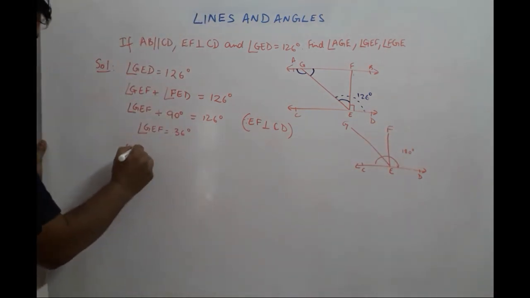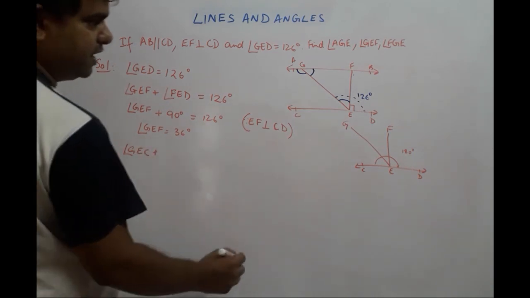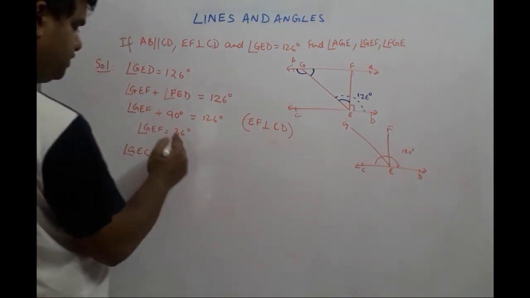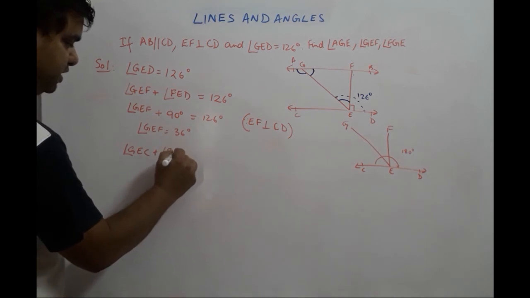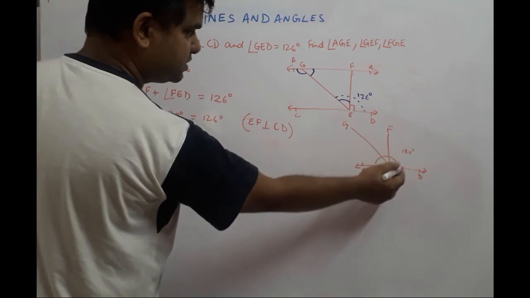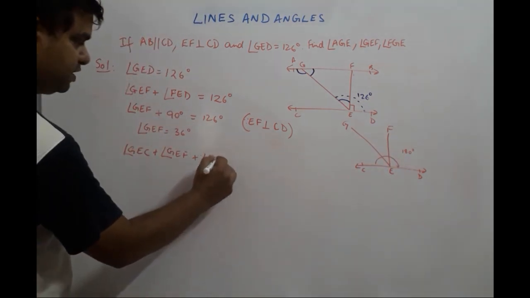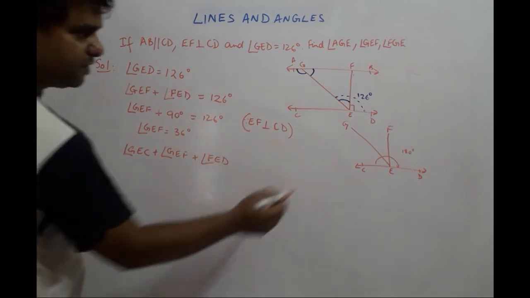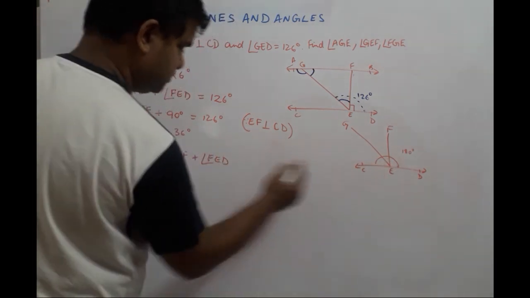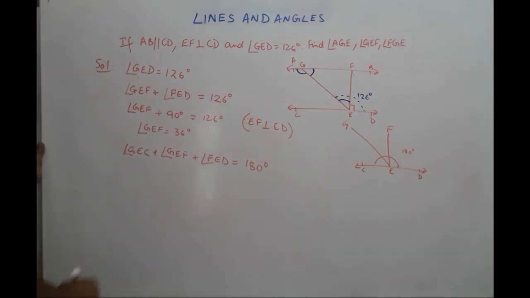So GEC plus next angle is the one that we found out, angle GEF, and the third angle is what we have been given as 90 degrees, that is angle FED. So this one plus this one plus this one, all of them should be equal to 180 degrees, correct?